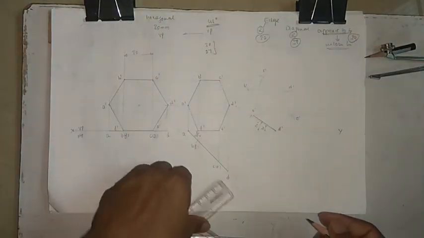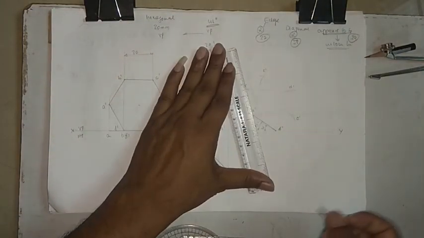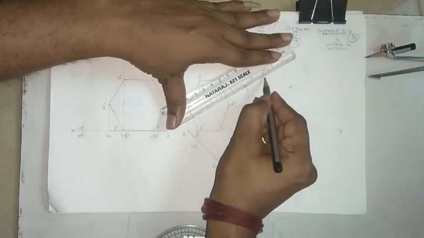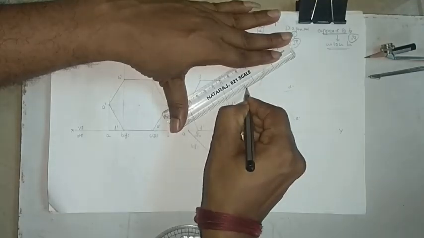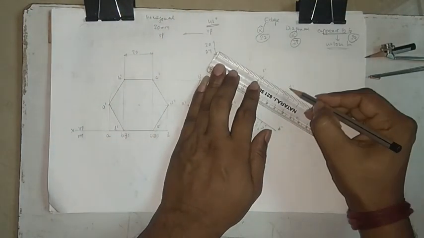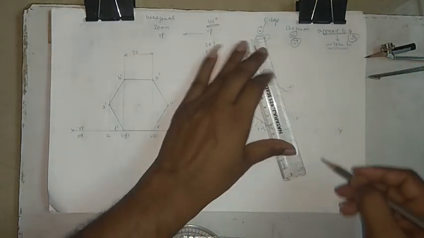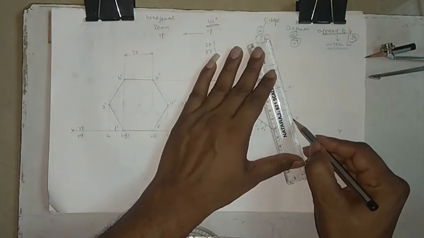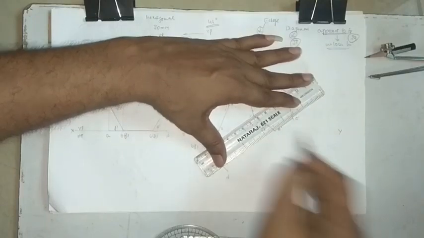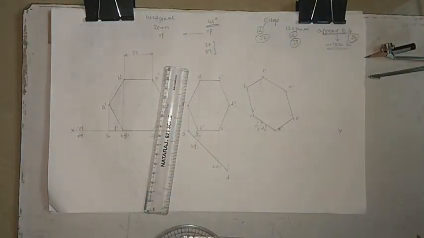So now connect A to B. Okay, so B to C, then C to D, now D to E, like this. Okay, so this is how exactly we can do it.